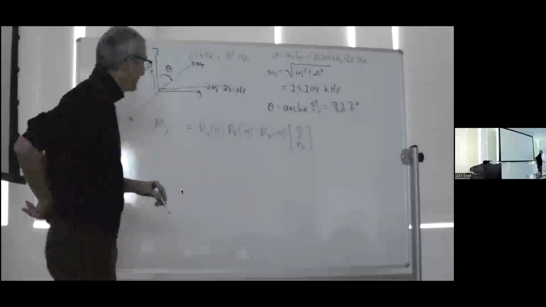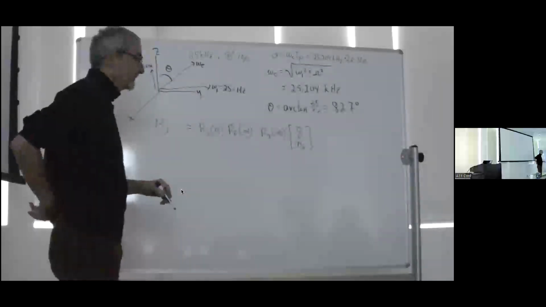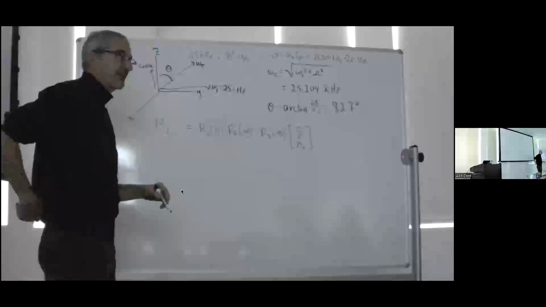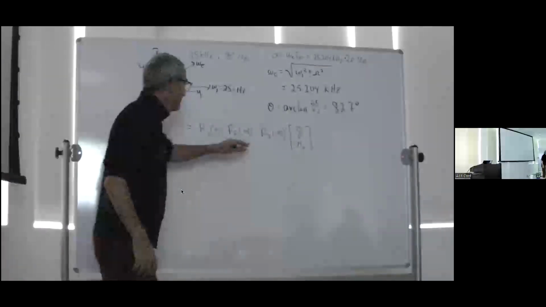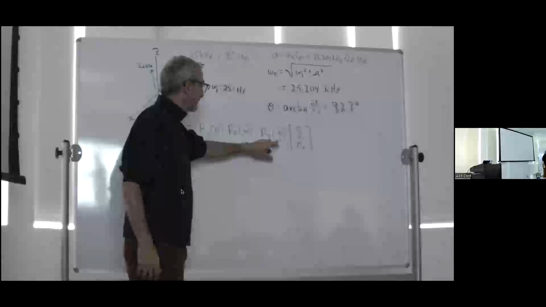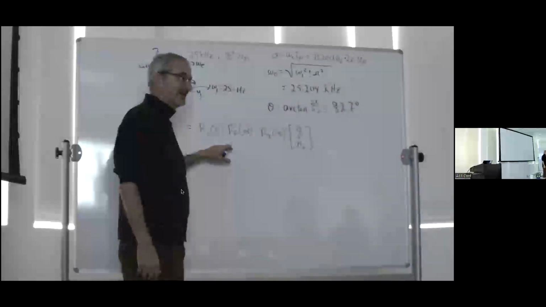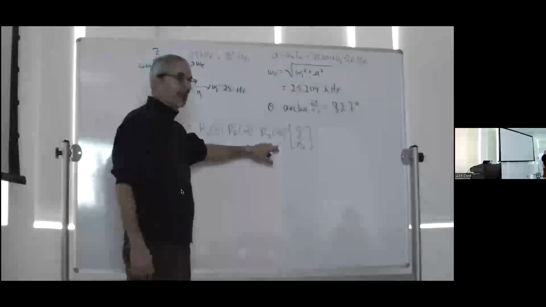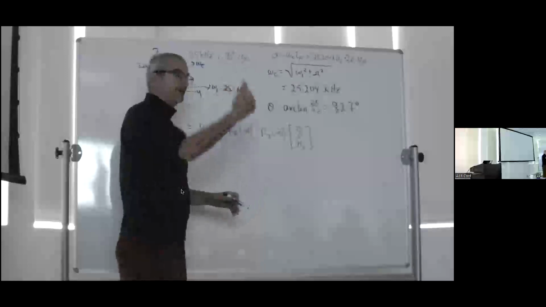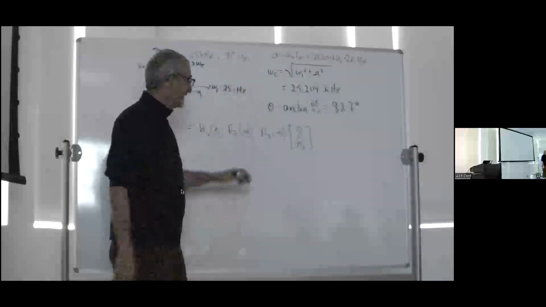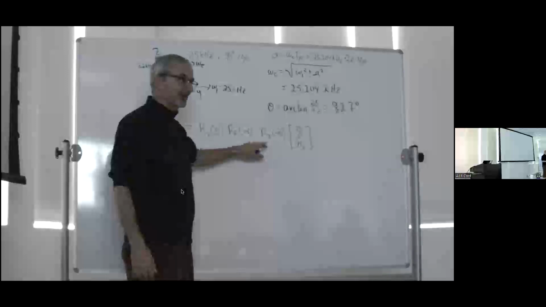Now, there's 3 ways to solve the problem. One would be we just work out each rotation one after the other, and we can do that either by multiplying matrices together, or by using our rotations and working out the trigonometry step by step.